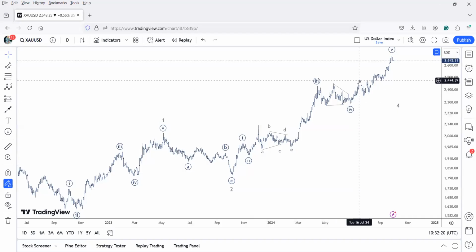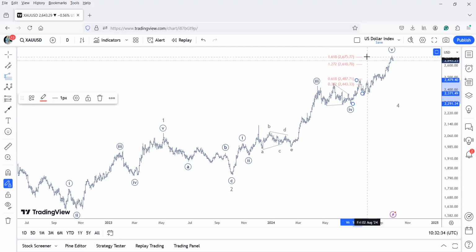I mean, that is wave 1, wave 2. Let's see if the wave 3 of minute is complete. So it could be wave 1, 2. That is wave 3 minute complete.